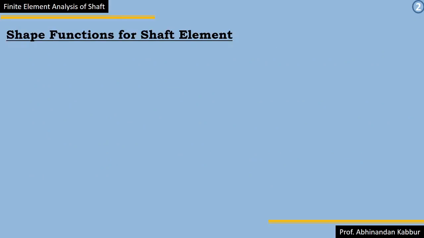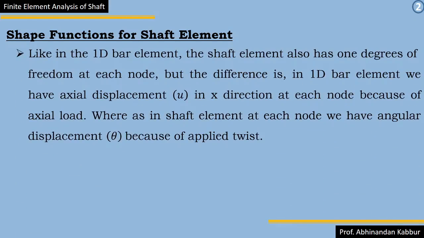Now we'll move to the derivation of the shape function for the shaft element. But before that, we'll see the similarity between the bar element and the shaft element. We know that in a bar element we apply an axial force, and because of that axial force we get an axial displacement.